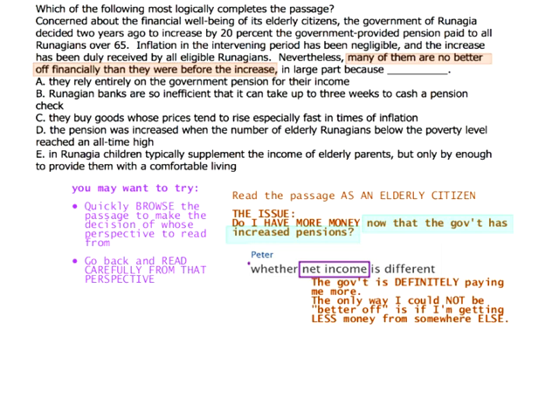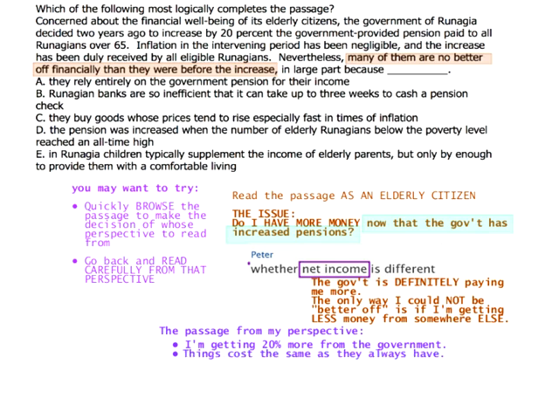The passage from my perspective as an elderly citizen is, I'm getting 20% more from the government. And things cost the same as they always have. Things cost the same as they always have.